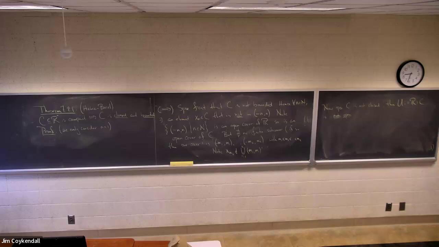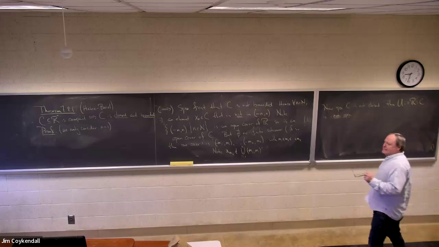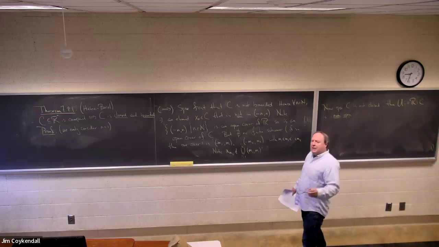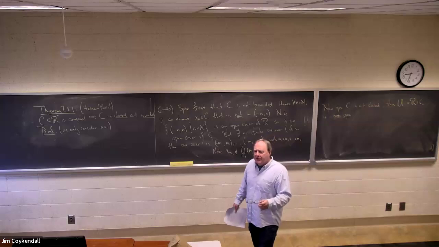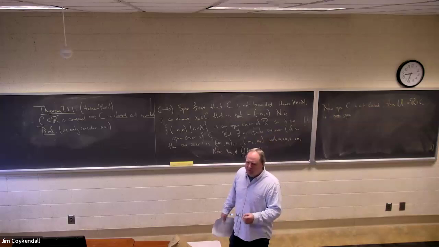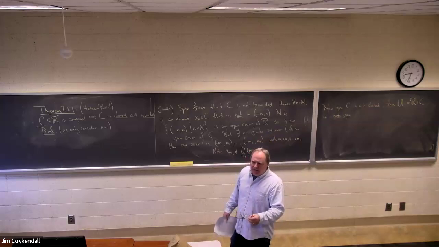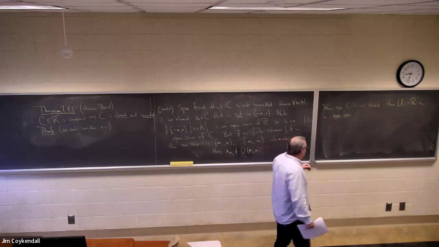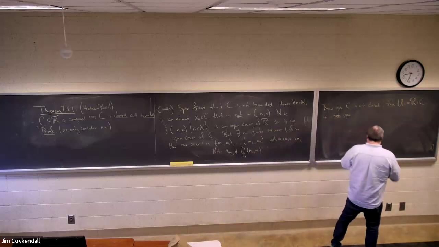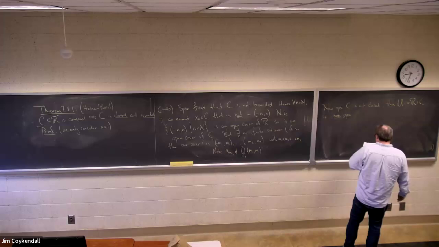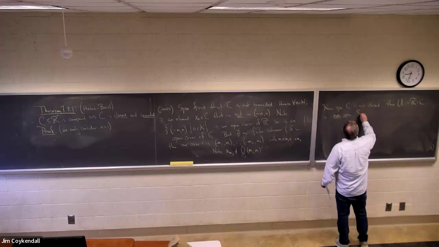Since C is not closed, then its complement is not open. So what does that mean? What it means to be open is every point is interior, right? That means every point has a little neighborhood around it, contained in the set. So if U is not open, then there must be a point that is not interior.